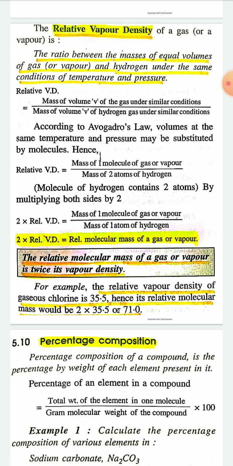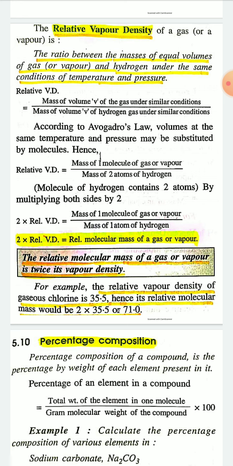For example, the molecular weight of a chlorine molecule, Cl2, is 2 into 35.5, that is 71. So what is the relative vapor density of chlorine? Since molecular weight is equal to 2 into vapor density, vapor density is equal to molecular weight divided by 2.